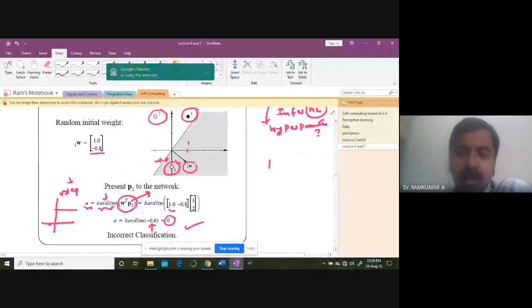How do I update the weight now? What is the weight update rule for this case? New weight W is equal to... Yeah, tell me. Krishna, what is the weight update rule?